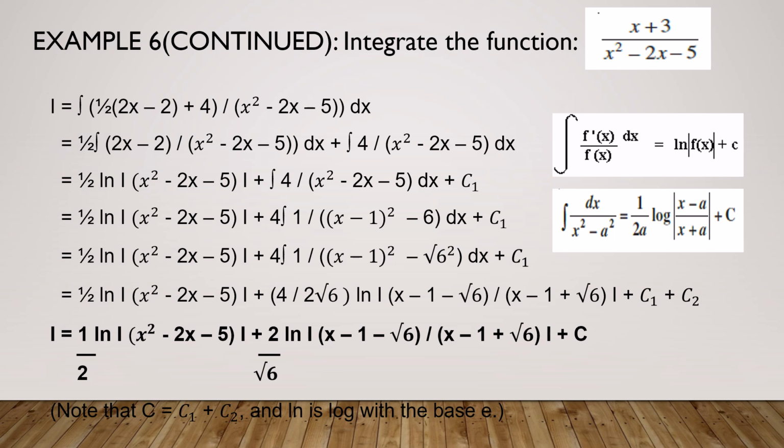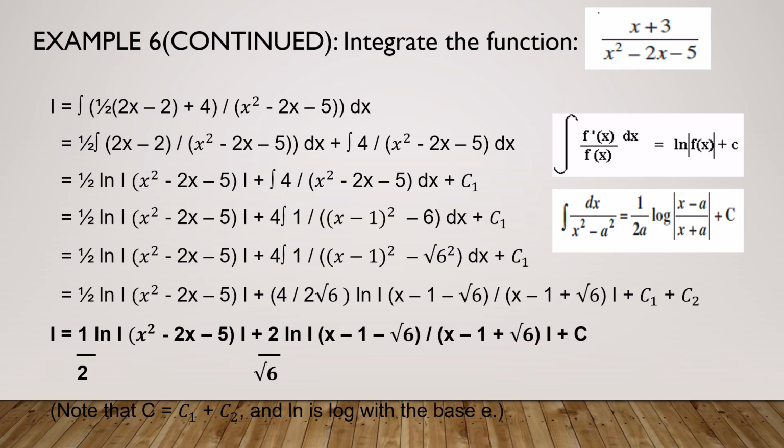Integral of f dash x upon f x type is equal to ln, means log with the base e, mod f x plus c. So if you consider f x as x square minus 2x minus 5, what is f dash of x? 2x minus 2. So this is of the kind f dash of x upon f x. Its integral is log mod f x. So log mod x square minus 2x minus 5. That was the first term.